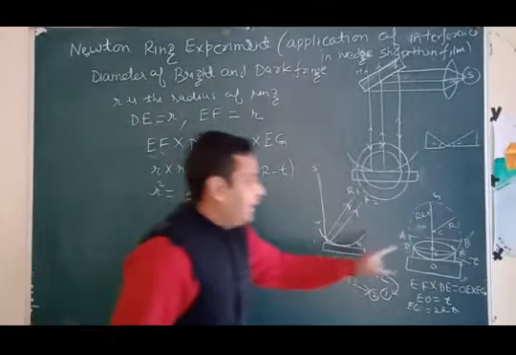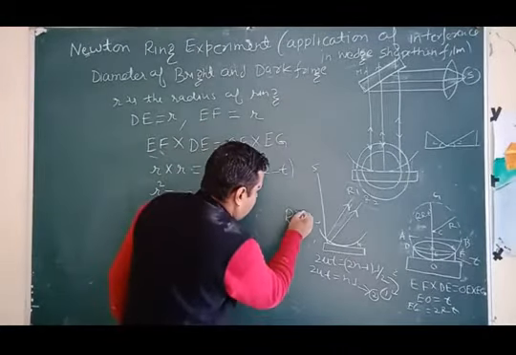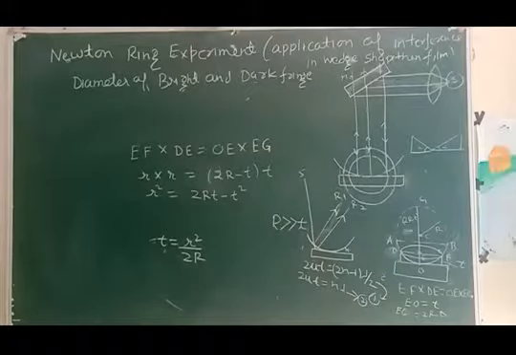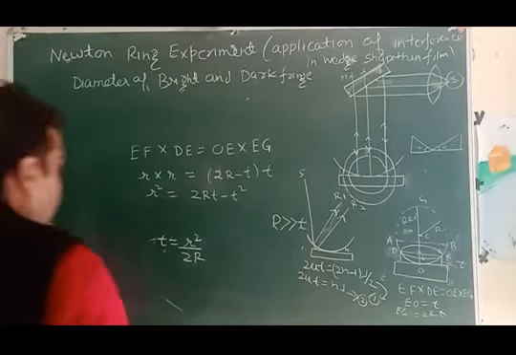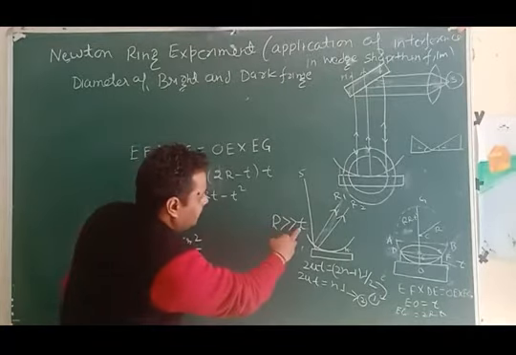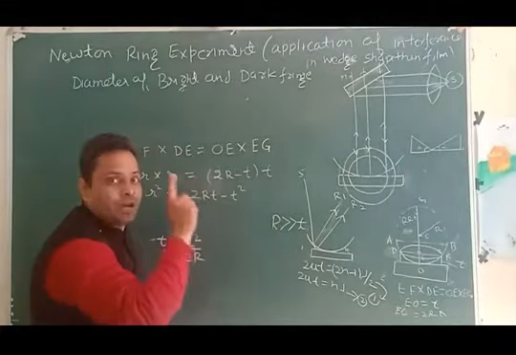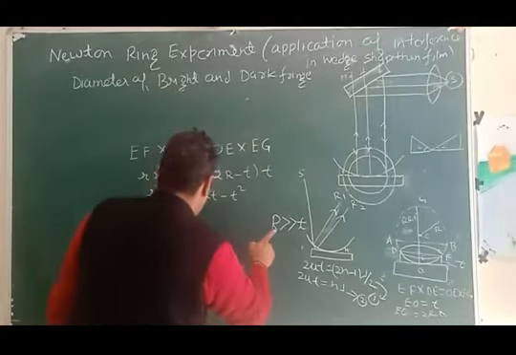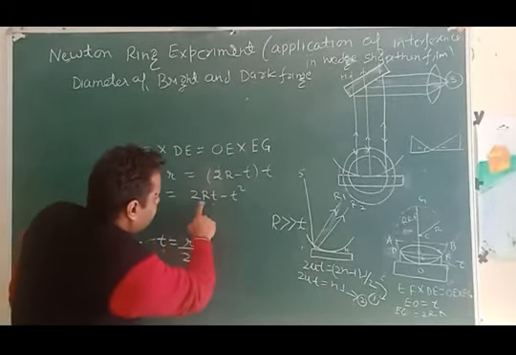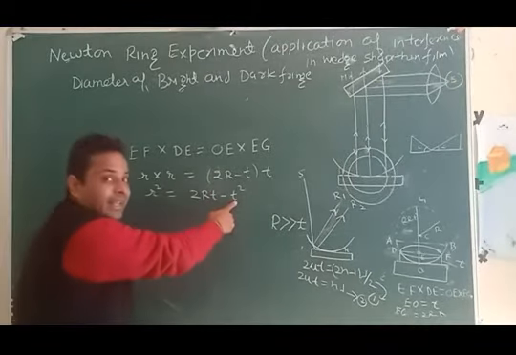If thickness is very small, because R is much greater than T, and R is the radius of curvature of the plano convex lens, then 2RT is much greater than T square.